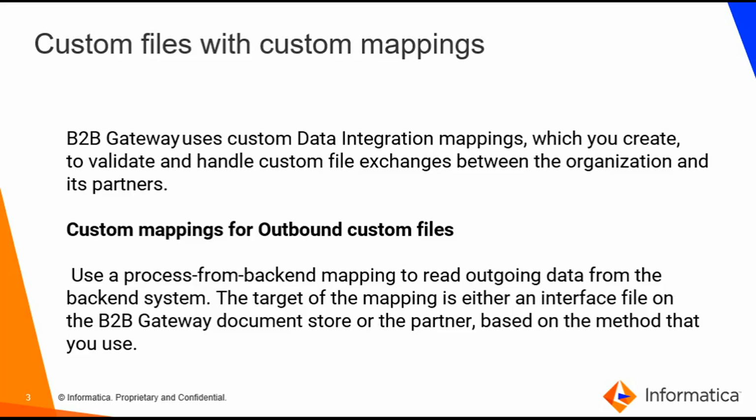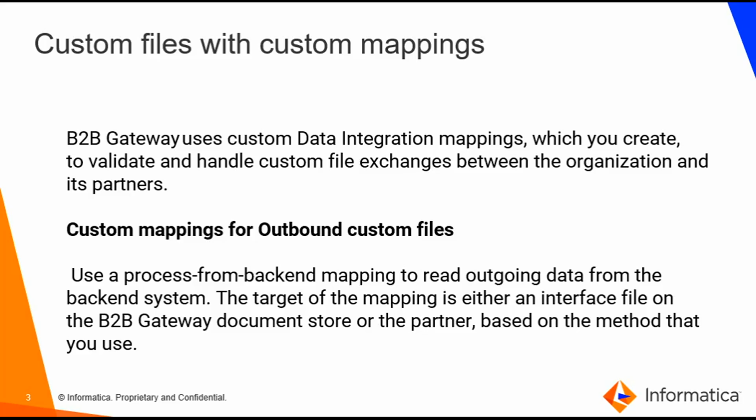As we know, B2B Gateway uses custom data integration mappings, which we create to validate custom files to get exchanged between the organization and its partners. It uses process from backend mapping and outbound mapping in case of two-step processing to read the outgoing data from the backend system.